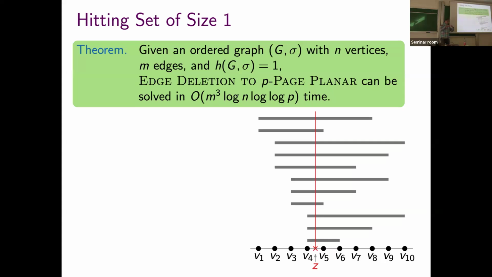If they are not contained in each other, and our hitting point is here, it means they cross. So we are really looking for families of contained intervals, because this is the only thing that we can put on one page.